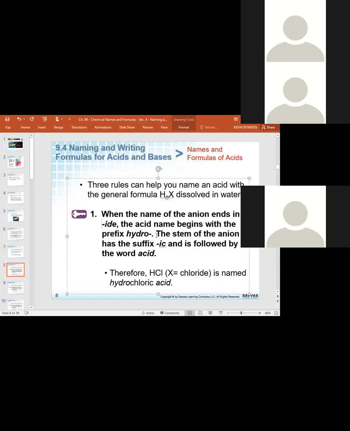Then we start with hydro. If it has an ide, so chloride, we start with hydro. And then we have ic at the end. That's our new suffix. So HCl, hydrochloric acid.